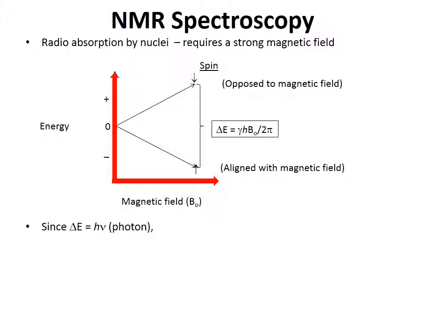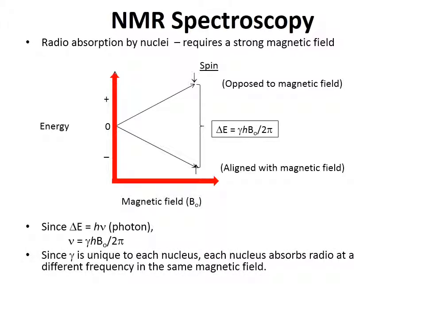Now, in terms of calculating the frequency of the photon needed to bridge the energy gap, you can calculate that from delta E equals h nu, which is the energy of a photon. Nu represents the frequency of the photon. Now, nu will equal gamma times B naught over 2 pi. You get that simply by replacing delta E with the equation that we saw before and dividing both sides by h, Planck's constant.